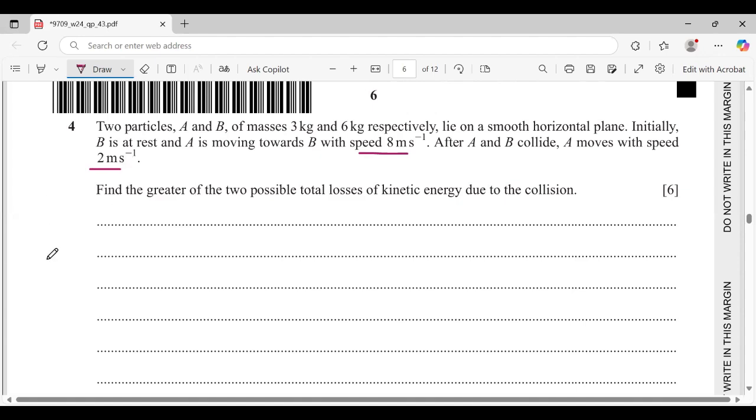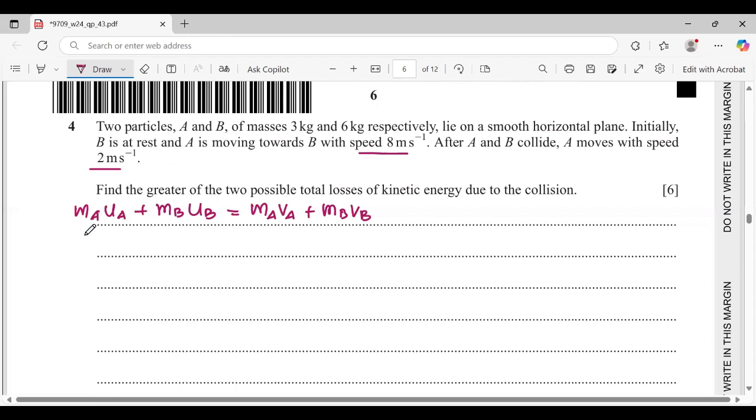I will use the formula of conservation of momentum: ma times initial velocity of A plus mb times initial velocity of B equals ma times the velocity after collision plus mb times the velocity of B after collision.